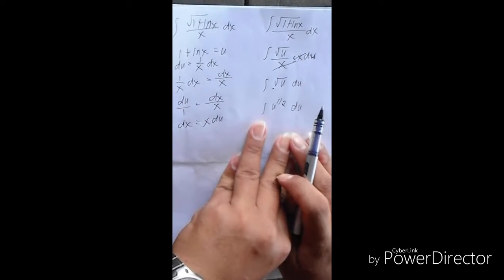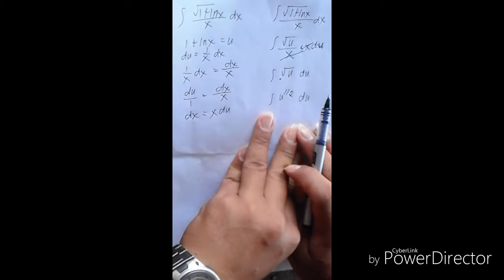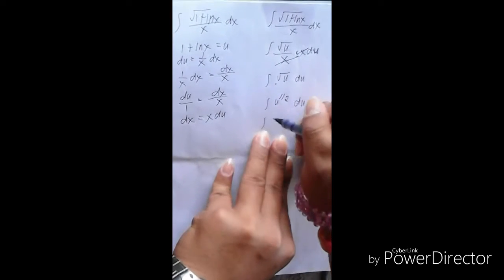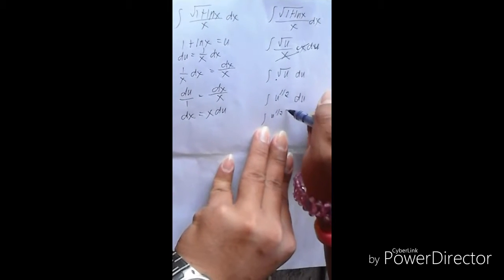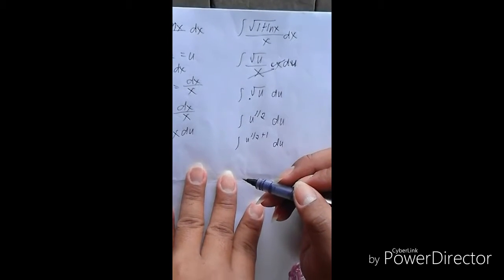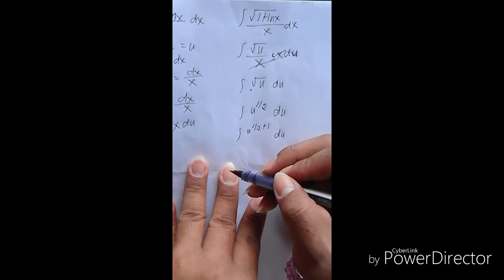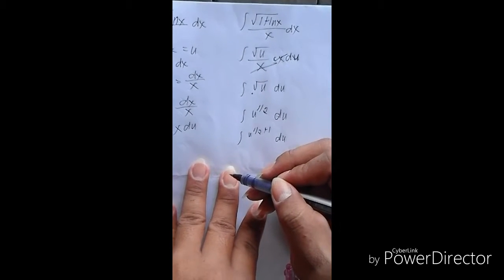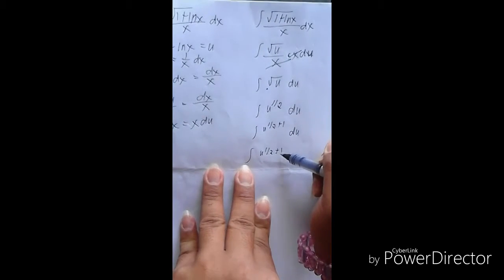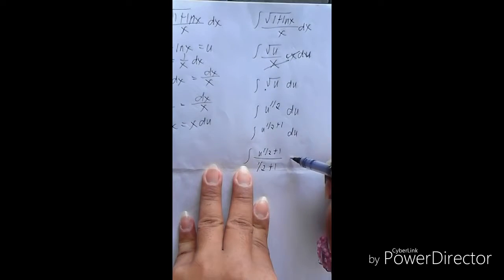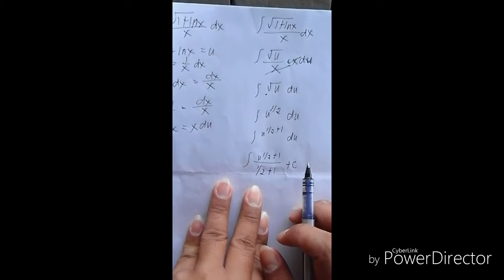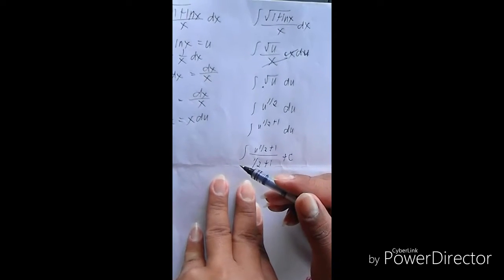We can find the antiderivative of u raised to 1/2. We just add 1 to the exponent and write this form. And we copy the exponent of u, which is 1/2 plus 1, in the denominator. We add the exponents and the denominator, and it looks like this.